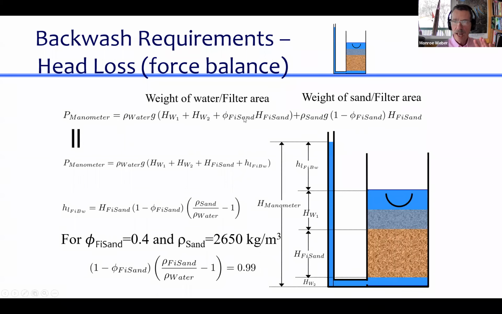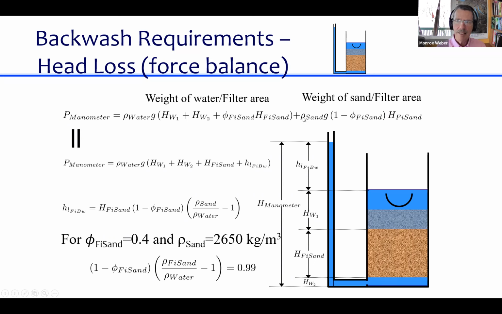We have to also add the water that's in the sand bed, and we know that the amount of water that's in the sand bed is the height of the sand bed times the porosity. So phi times the height of the sand bed is going to give us the equivalent height of water that is filling up that sand bed. And then we have to add the weight of the sand itself.